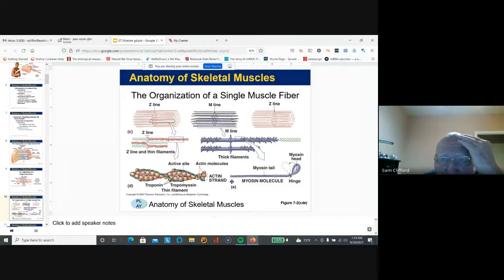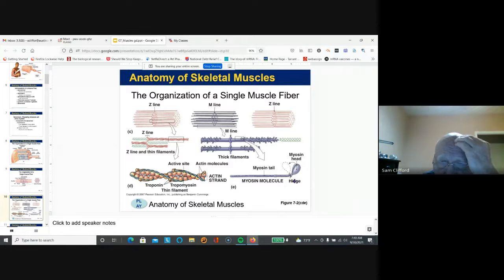So if you look at a single muscle fiber, there's the Z line, there's the M line. The thin filaments are connected at the Z line. The thick filaments are connected at the M line. And remember, each thick filament, the myosin, has multiple myosin tails with a myosin head.